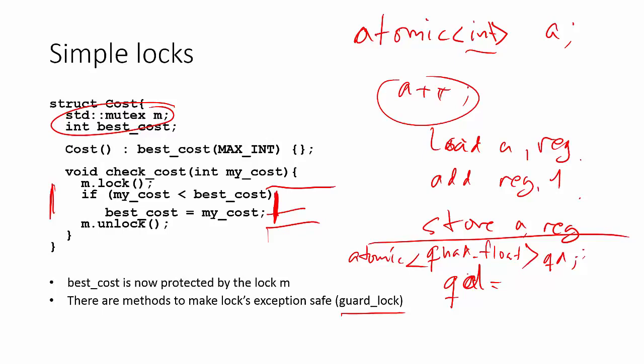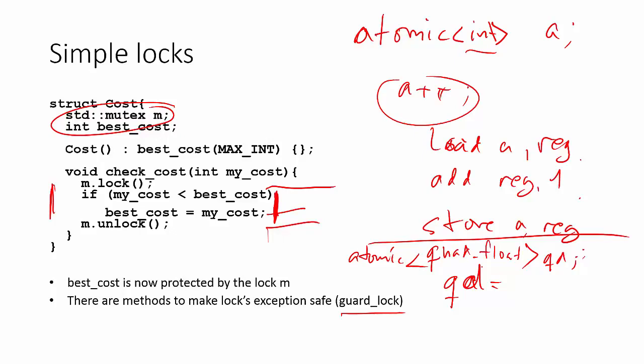Otherwise, a quad precision floating point number, which is typically 16 bytes in size, will not be updated atomically. It will be done with several bus cycles by the processor, and between 2 bus cycles, any other core can intervene with stores to the same variable, and a partial store may be the result of that.